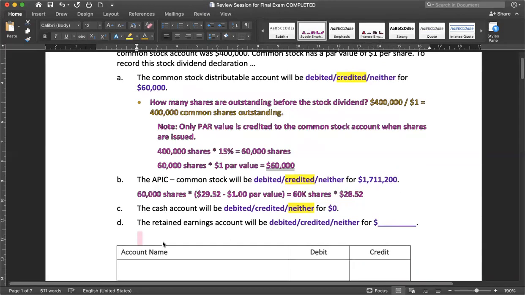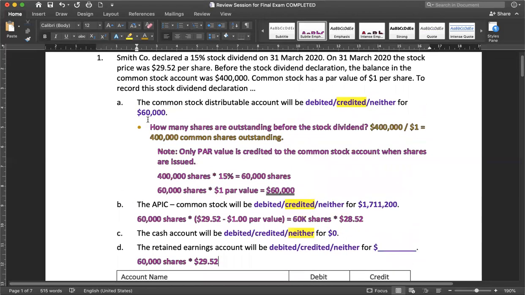Okay, so we have 60,000 shares, and retained earnings is going to be charged the full amount of the value of those shares, which was $29.52. And so 60,000 times 29.52.